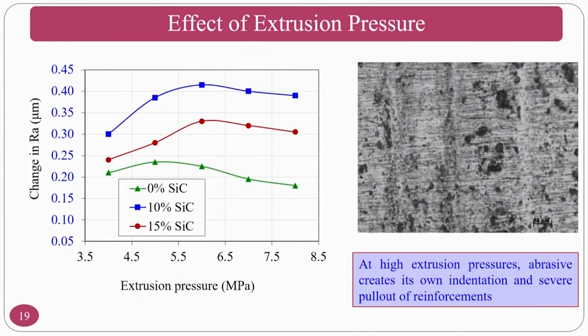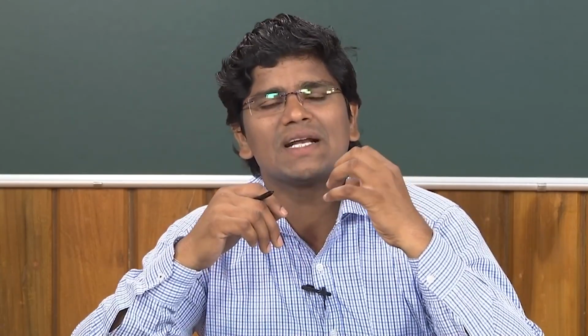Now, change in roughness with respect to extrusion pressure. If the extrusion pressure is too low, the medium just starts shearing. If you have higher pressure, it not only shears the workpiece but also creates indentation, because increasing the extrusion pressure increases the radial force.